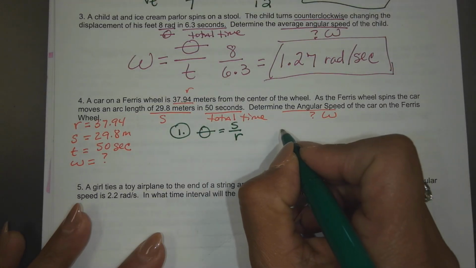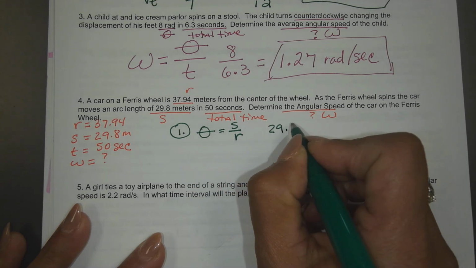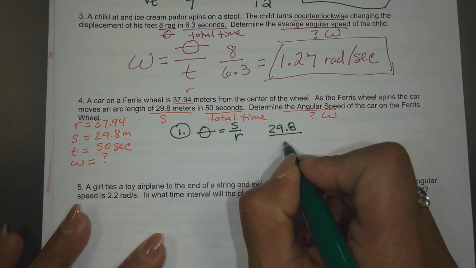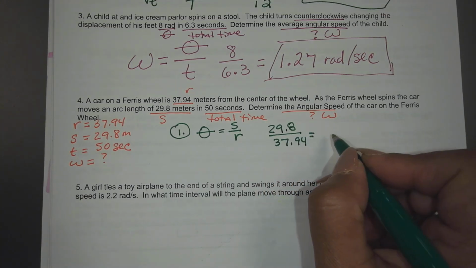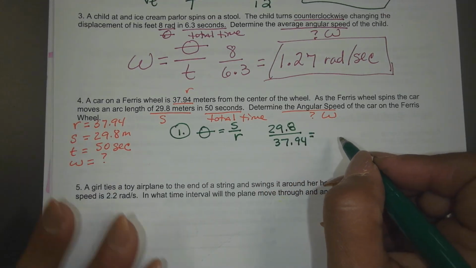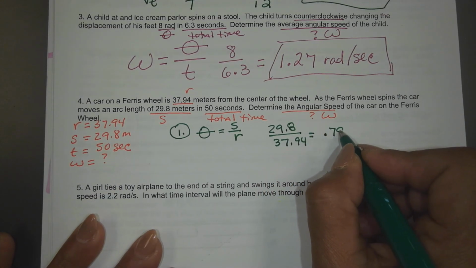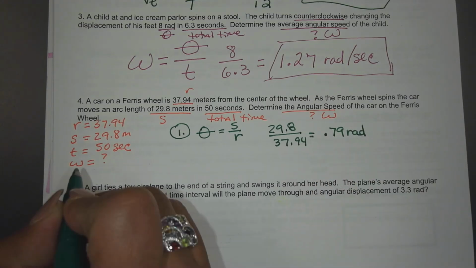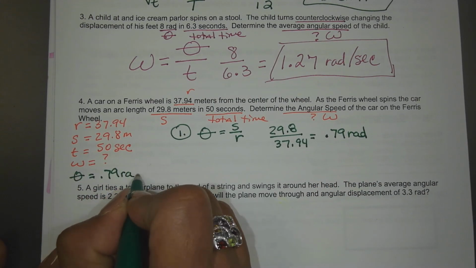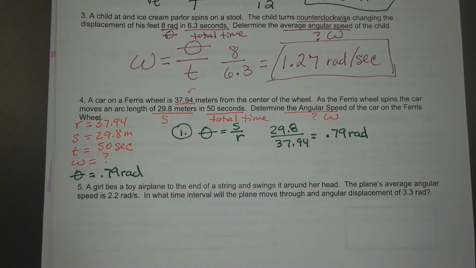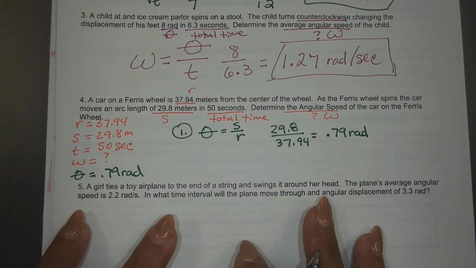Let's do that. 29.8 over 37.94 is going to equal 0.79 rad. I'm going to put theta equals 0.79 rad, not my answer.